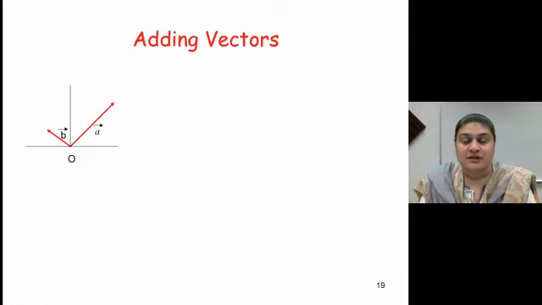Adding vectors. We can add vectors mathematically or we can add vectors graphically. When we add vectors graphically, we do it by something called the head-to-tail rule. And this is what the head-to-tail rule is. Let's suppose you have two vectors, A and B, that are given like that over here. Now we need to be able to add the two vectors. How do we do this?